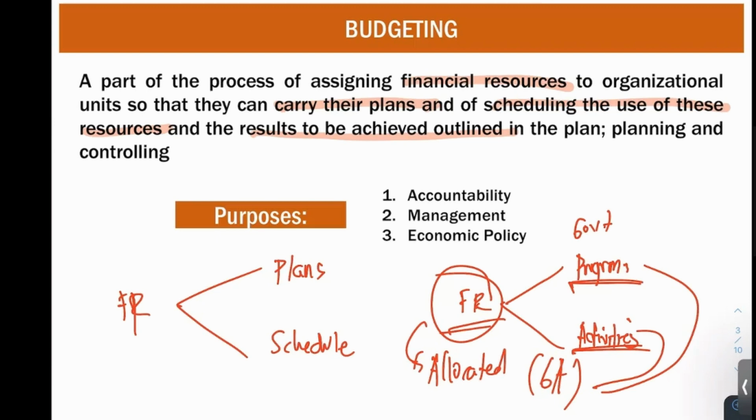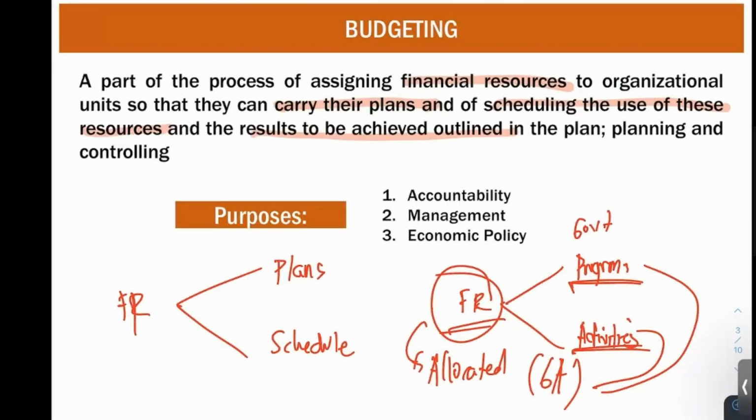So that is the program. So therefore, the allocated financial resource must be only for that program. And if ever the agency did not make use of that for that particular program, therefore, that particular person or that head is subject to a responsibility or accountability. That's why a budget is a tool of accountability. You compare the budget to how it is expended or spent.